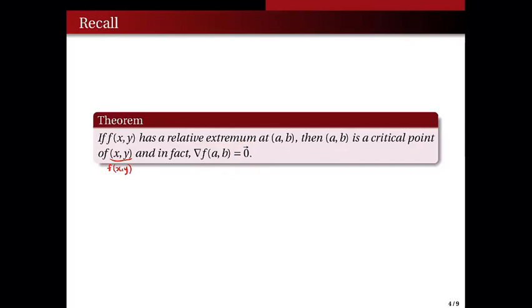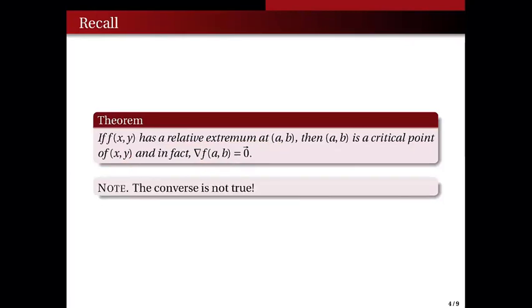So this is our implication. If f has a relative extremum at (a, b), then you have the gradient of f at (a, b) that's equal to 0. Now, let me remind you that the converse is not true. If the gradient of f at (a, b) is equal to 0, it does not mean that f will have a relative extremum at the point (a, b).